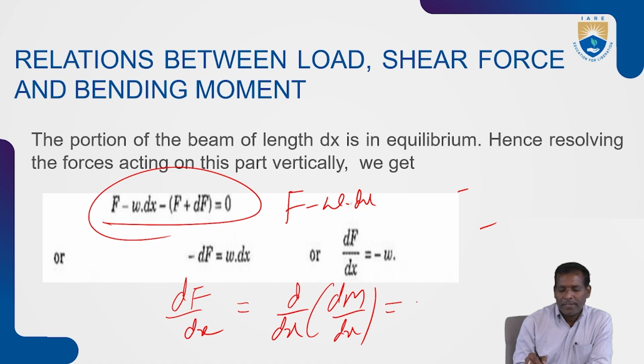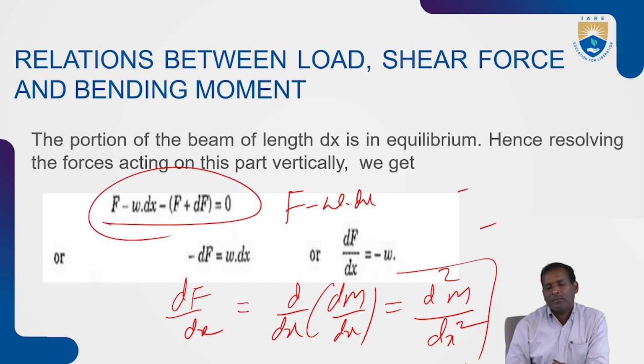So now you can write here d square M by dx square. So the double derivative of bending moment gives the rate of loading.